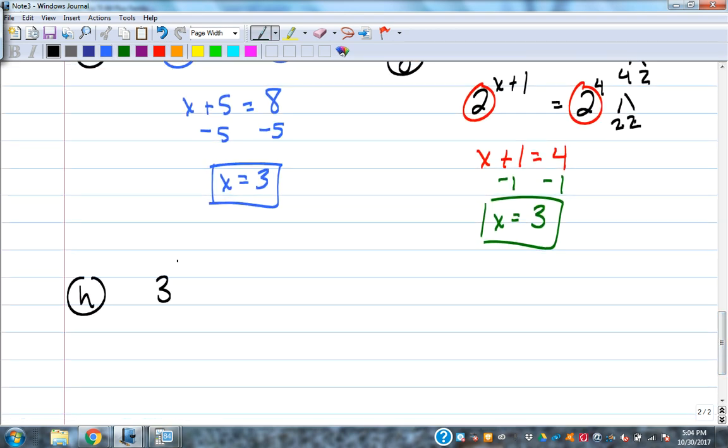What if it's 3 to the 5x is equal to 81? So really what you're looking for here is, okay, which one has a prime number as a base? 3, right? So 81, I must be able to write 81 as 3 to the something. What would it be?